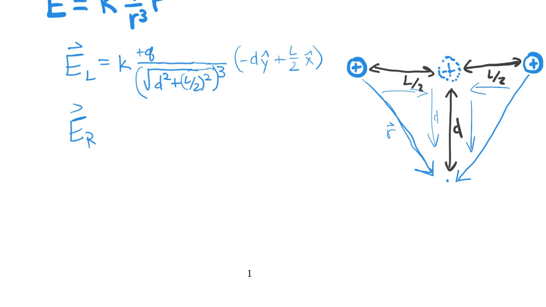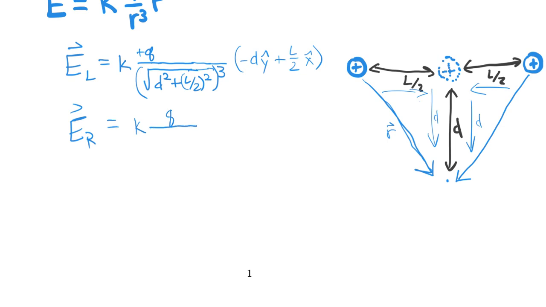And again, it's down, so the y component of that vector is in the negative y direction as well. So everything is the same here. At this point, d down, the electric field from this charge is going to be equal to, again, k, q.